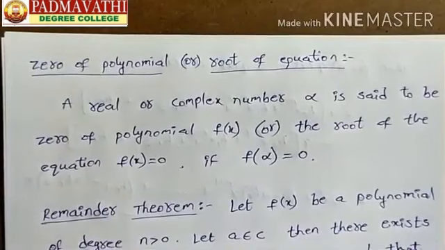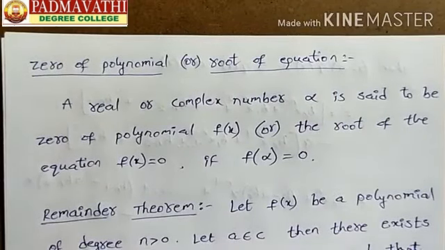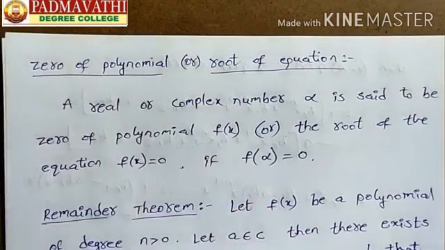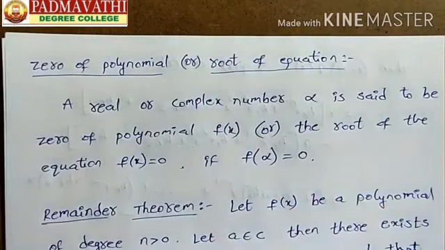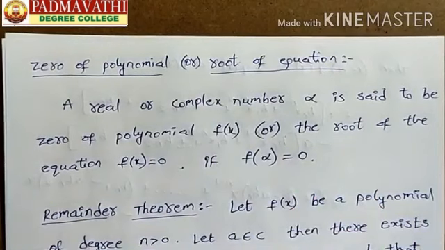Next definition is zero of a polynomial or root of an equation. In case of an expression we call it a zero, in case of an equation we call it a root. So the definition is: a real or complex number alpha is said to be a zero of the polynomial f of x or the root of the equation f of x equal to 0 if f of alpha equal to 0.